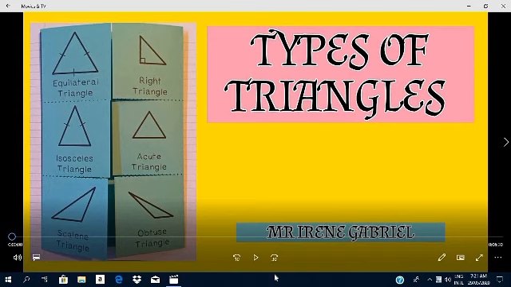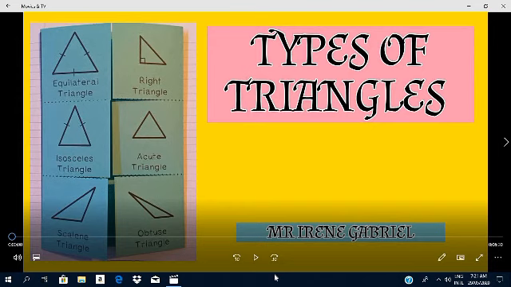We are going to be exploring these types of triangles. So I would love you to take up your writing materials and write down important points.